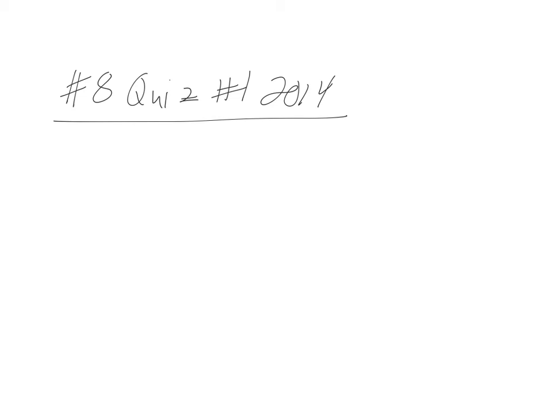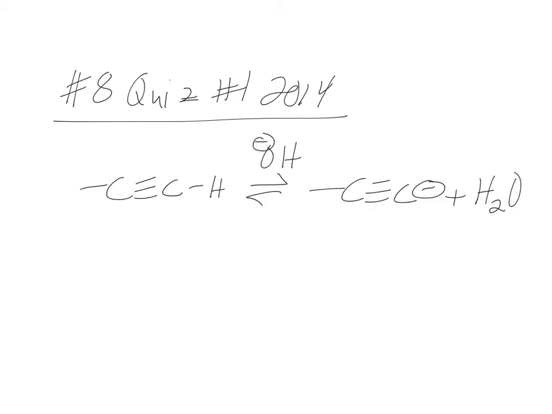Let's see. The question here says, why is the alkyne CH bond acidic despite having a strong nonpolar CH sigma bond? In this case, it's highlighting reactivity where one case is highlighting the formation of a stable product, a carbanion.